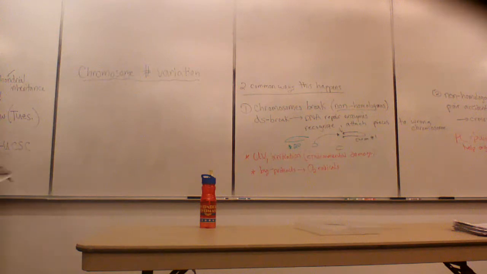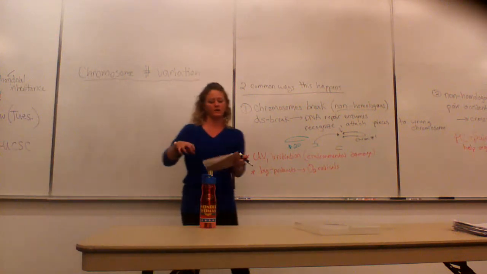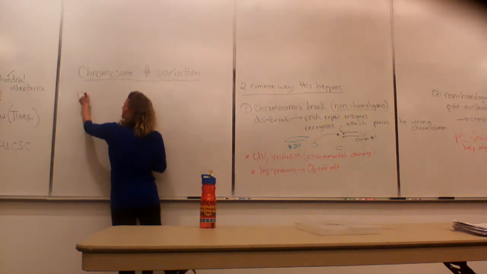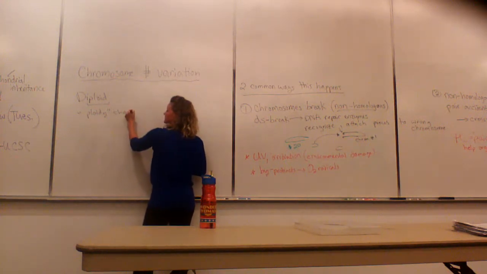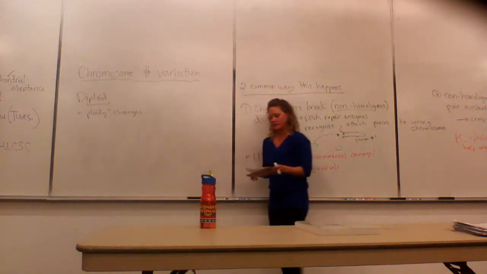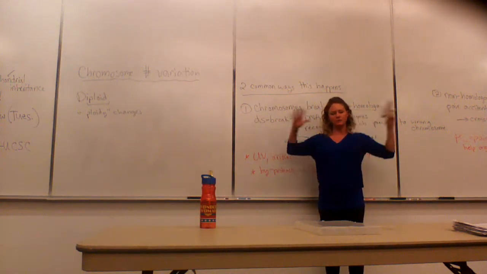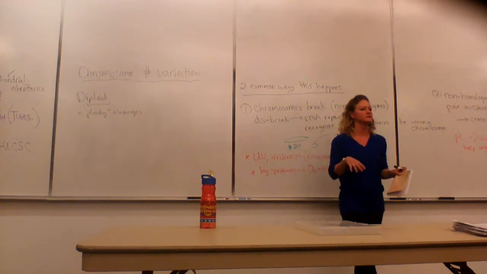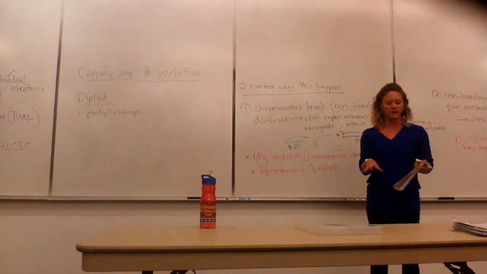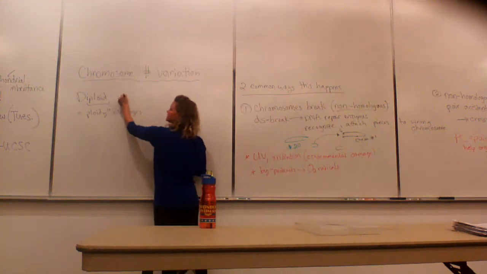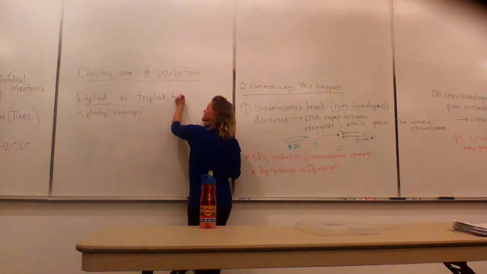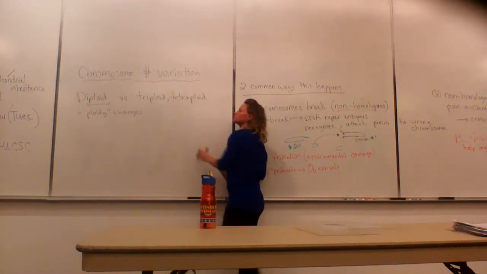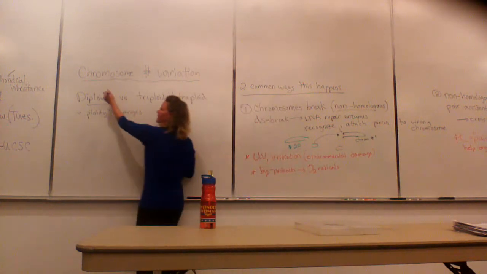So you're familiar with this idea of ploidy. We talked about diploid organisms. Okay. So when I say ploidy, whenever you're talking about entire ploidy differences, so going from an organism that's normally, wild type, diploid, to maybe triploid, tetraploid, etc., those would be abnormal if diploid was wild type.